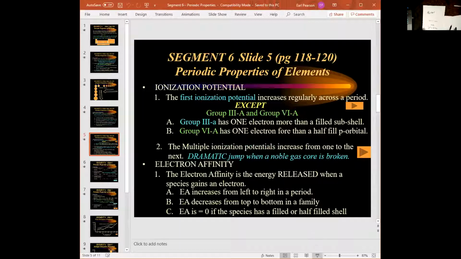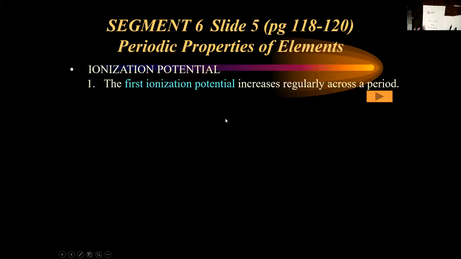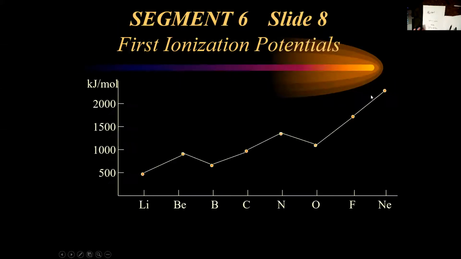I think I'll run this one through the PowerPoint, because if you look at the ionization potentials, we expected it to increase going across. The exception is group 3A and 6A, and we understand why. When I put the first 2 electrons in, they're going into S-type orbitals.